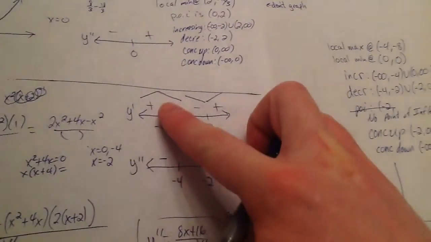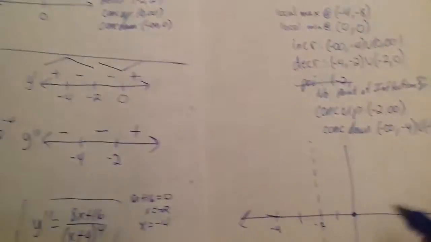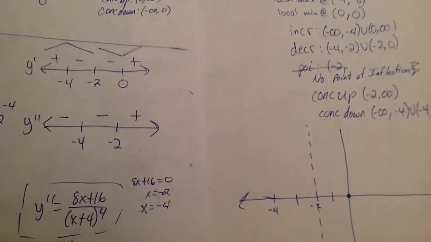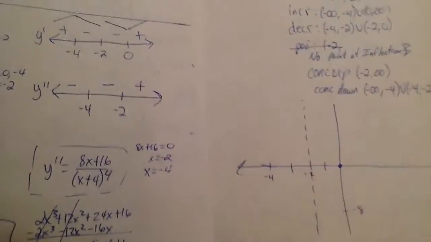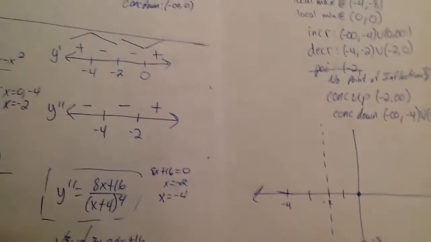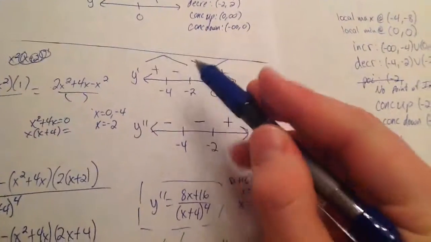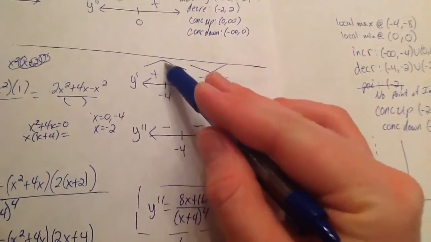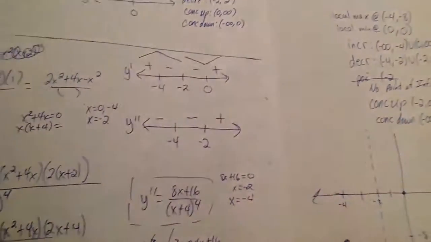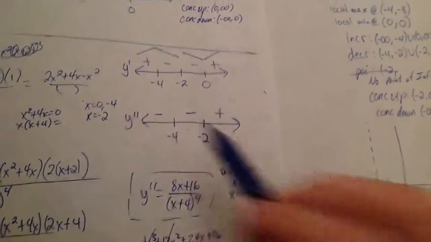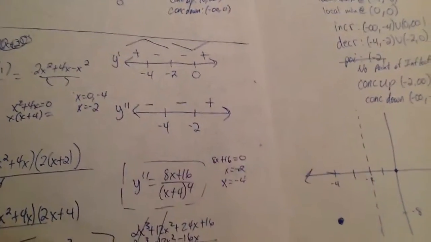At -4, we found we had a local max at -4, -8. So I'll call this -8. So -4, -8, that's a local max. That's weird. Well, positive slope to the left, negative slope to the right. So it's going to come up to that and then down. And that makes sense because it's concave down.